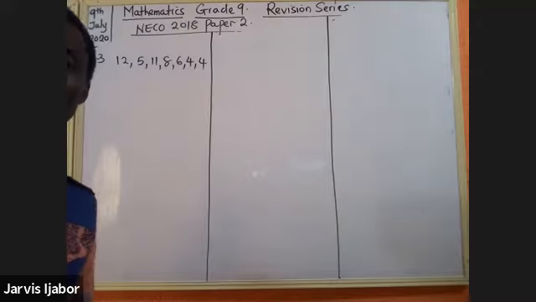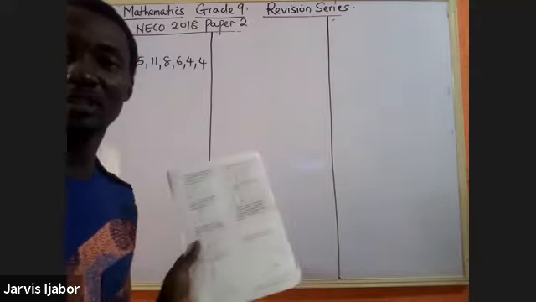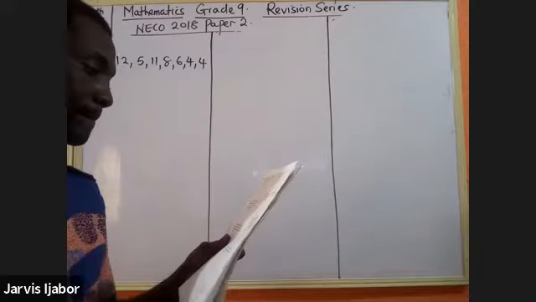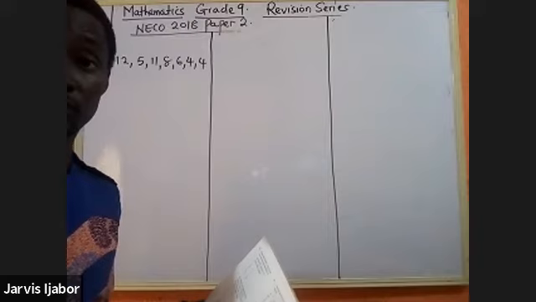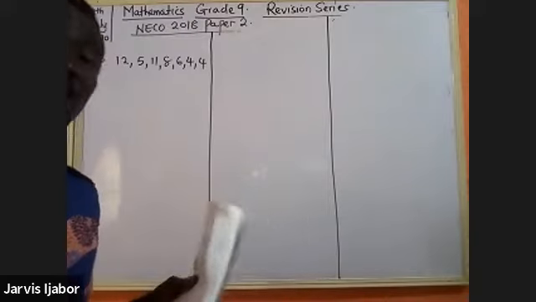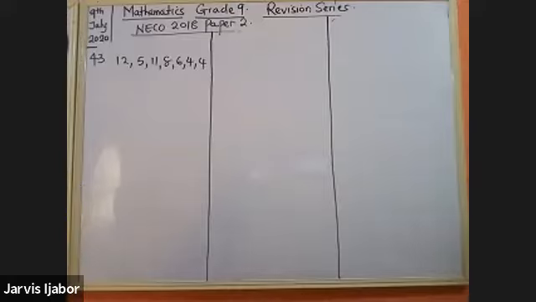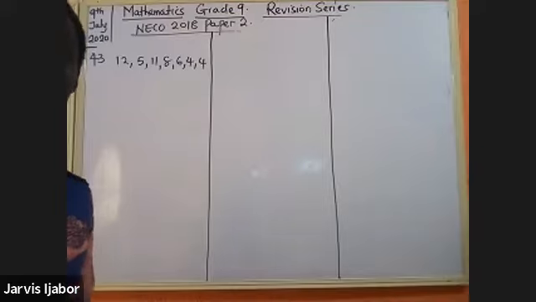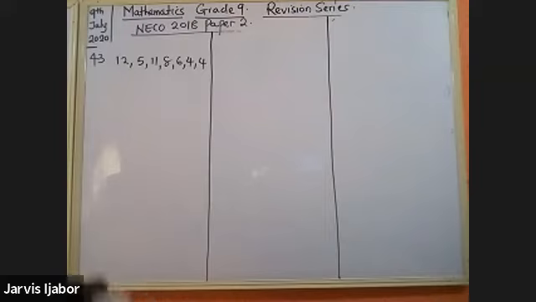Please confirm for me. They said 6 students, but I'm seeing 7 in my question paper. Please confirm if this is what you have in your question paper. Okay, so it means there are 7 students. So let's correct that. 7 students sat for an exam.